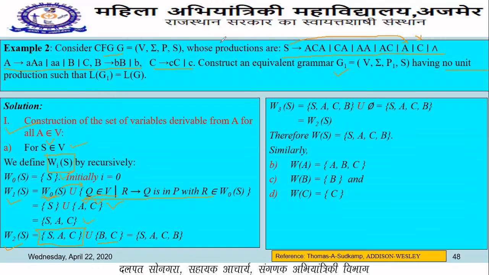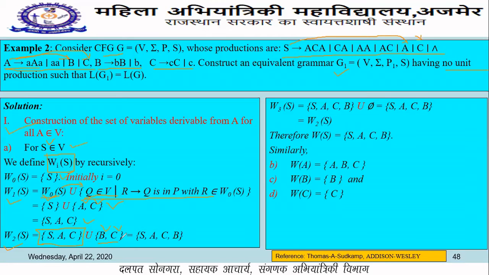So we have seen in this production, A derives B, so we include B. A derives C, so we include B and C, because B and C both are derived from A, and actually this is derived by S also, because S derives A and A derives B. Like this, S derives A and A derives C, and of course A derives both, and C derives itself.